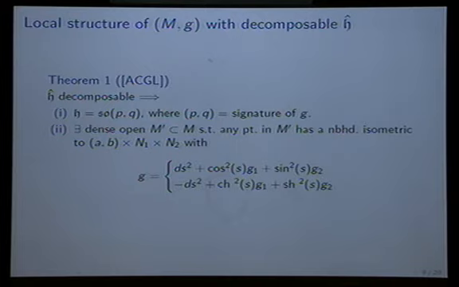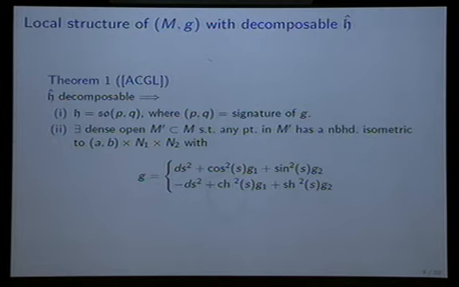And secondly, we can prove that the manifold has locally a special form, so there exists some dense open subset M prime in M, such that any point in this open subset has a neighborhood isometric to a manifold of the form AB cross N1 cross N2, where AB is a real interval with such type of metric. So the first type of metric is exactly as in the first example, so it's a double warped product with trigonometric functions.